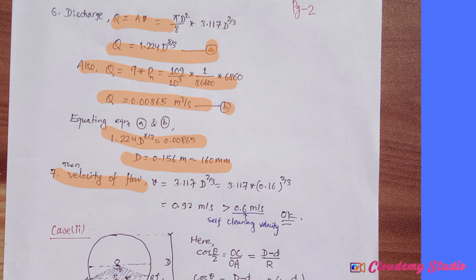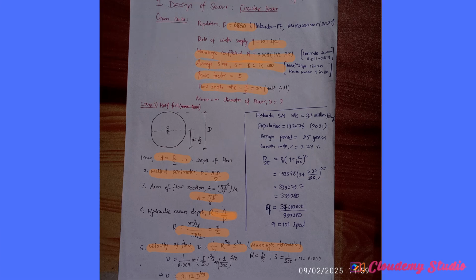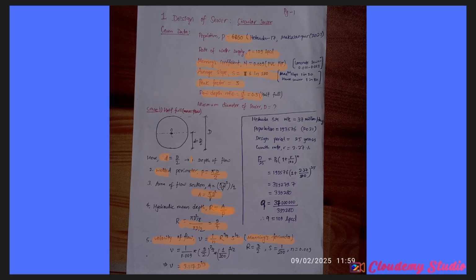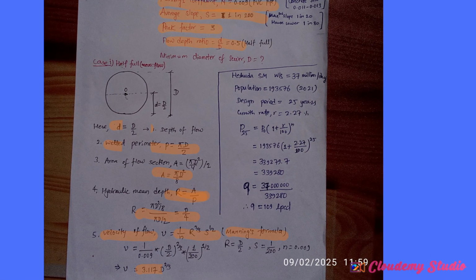Then check the velocity for this diameter. V equals 3.117 d to the power 2 by 3.